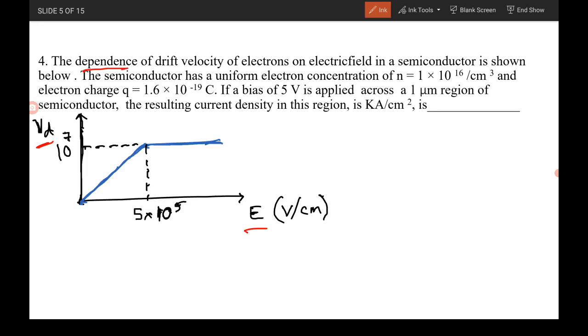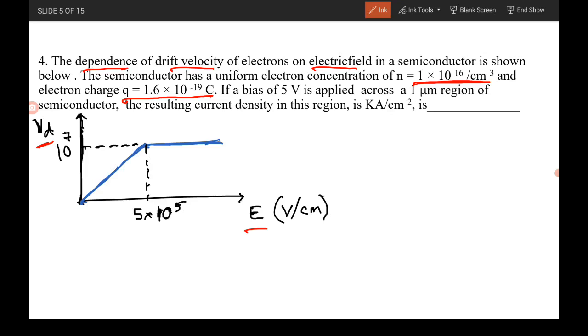The semiconductor has a uniform electron concentration N, which is 10 to the power 16 per centimeter cube, and the electron charge Q is given as 1.6 into 10 to the power minus 19 coulombs.